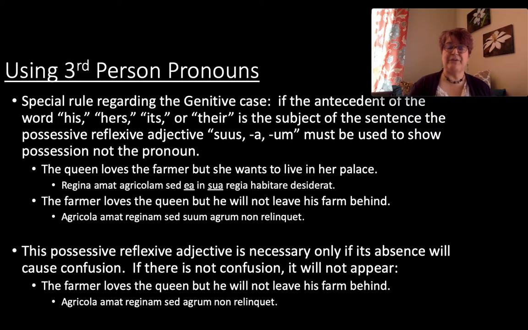Now let's see if you can decide if the possessive in the sentence will need to use a form of eius, eorum, earum, or if it will need to use the possessive reflexive adjective suus, sua, suum.